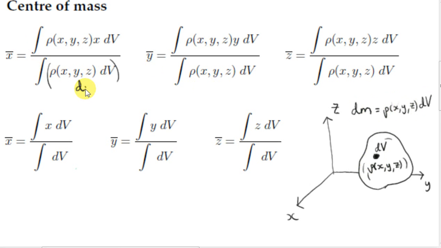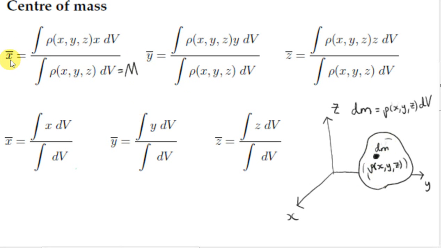So if we integrate dm, we have the total mass, which we could call capital M. So down here in the denominator we could write capital M for the mass of the entire object. Now I'll write dm here to emphasize that we are looking at an element of mass dm.